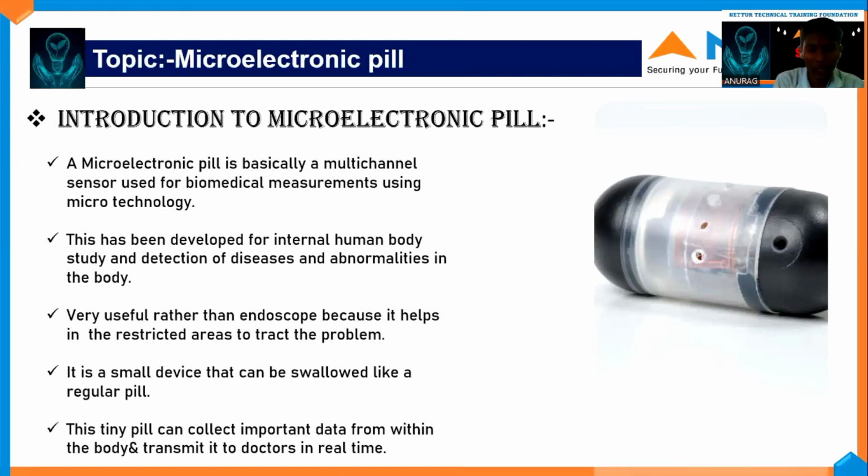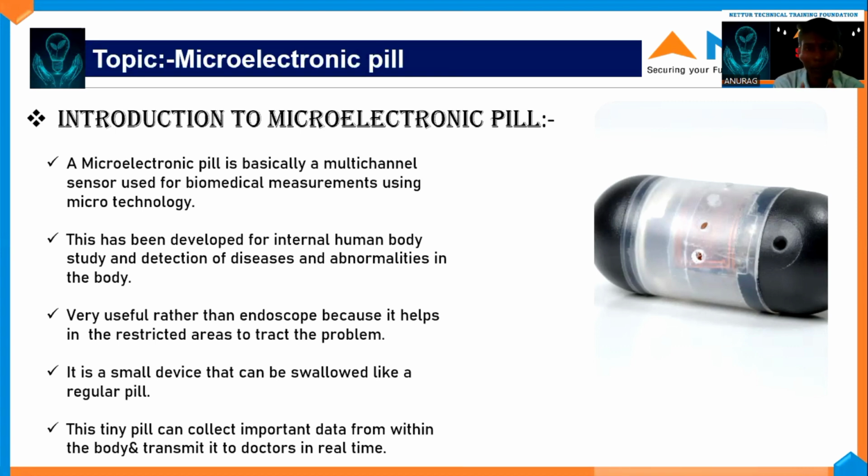You have heard about the microelectronic pill. It is like a normal pill, but it has some electronic circuits. It is basically a multi-channel sensor used for biomedical measurements through micro or nanotechnologies.